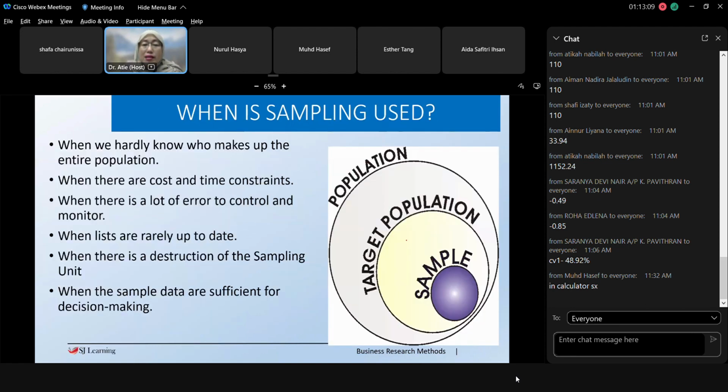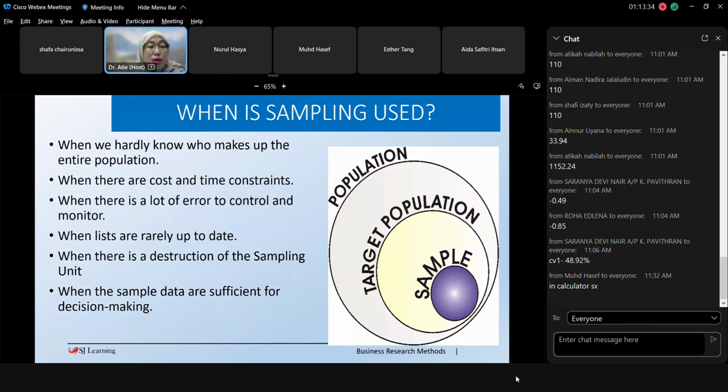So when is sampling needed? When we hardly know who makes up the entire population. For example, you want to do a study on the customers in Giant Johor Bahru. You don't know how many Giant customers there actually are, so we need to do sampling.